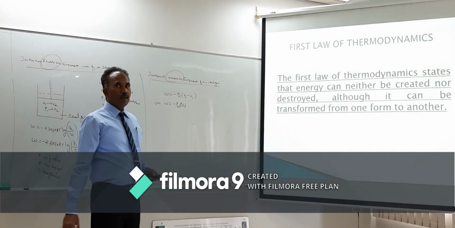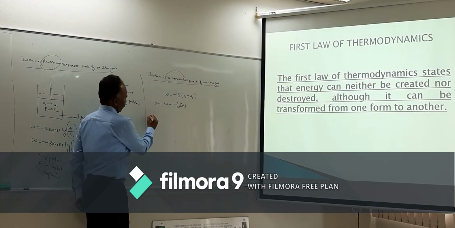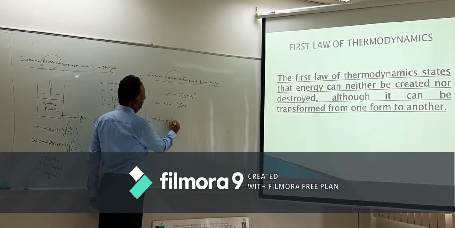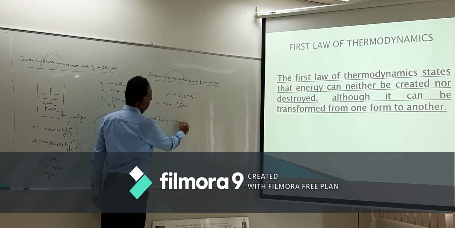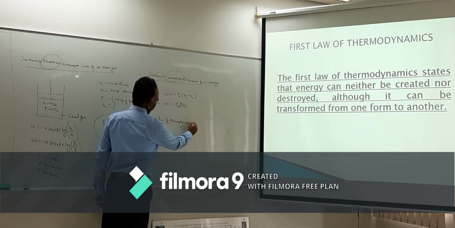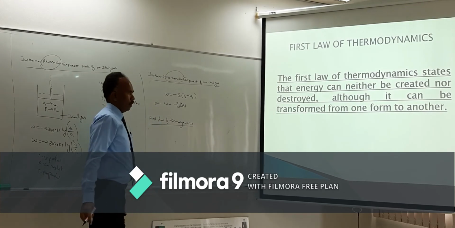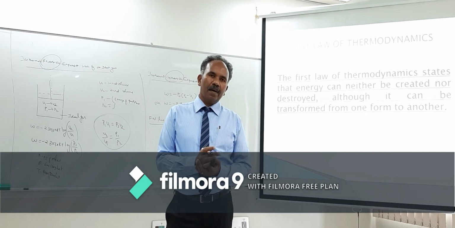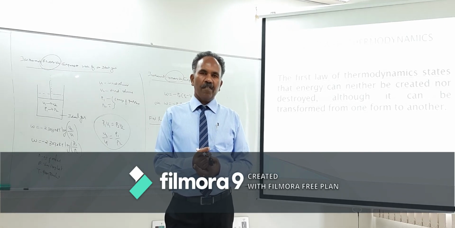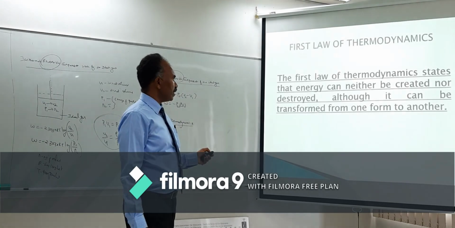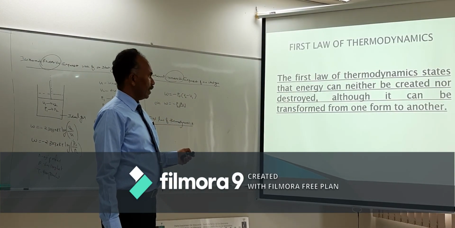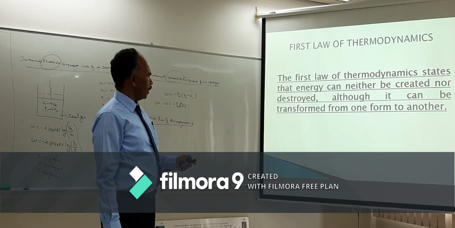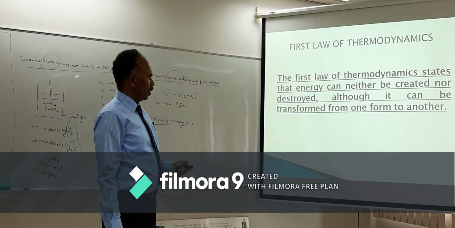Next one is the first law of thermodynamics. Okay. The first law of thermodynamics says that energy can be neither created nor destroyed. That is called the first law of thermodynamics. The first law of thermodynamics states that energy can neither be created nor be destroyed, although it can be transformed from one form to another form.